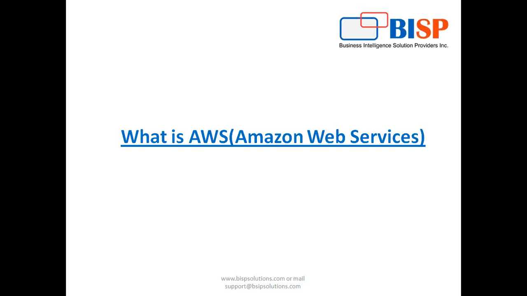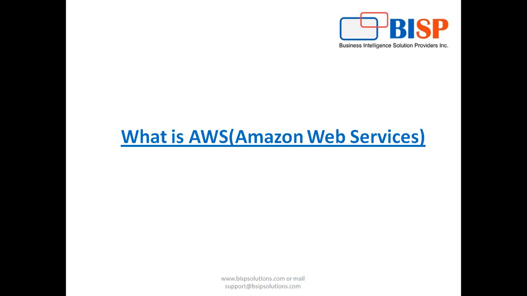And to use those applications, you will use an internet connection. So once you have an internet connection and a server in Amazon Web Services, you're good to go. You're good to use Amazon Web Services, like their EC2 platform, right?